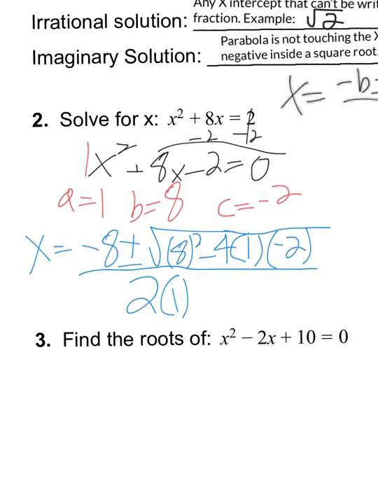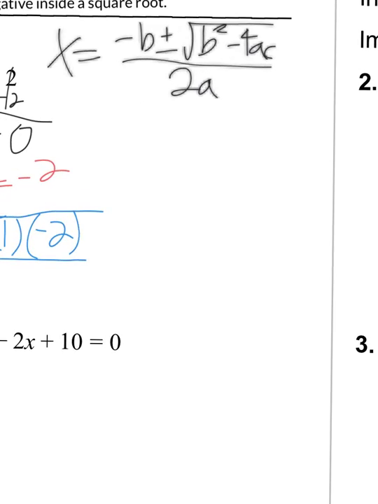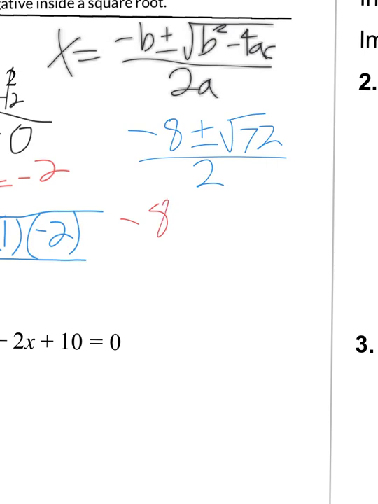So that will be the square root of 72. So I have negative 8 plus or minus the square root of 72 all over 2. And then how would you simplify the square root of 72? 72 is 36 times 2. And the square root of 36 is 6, right?